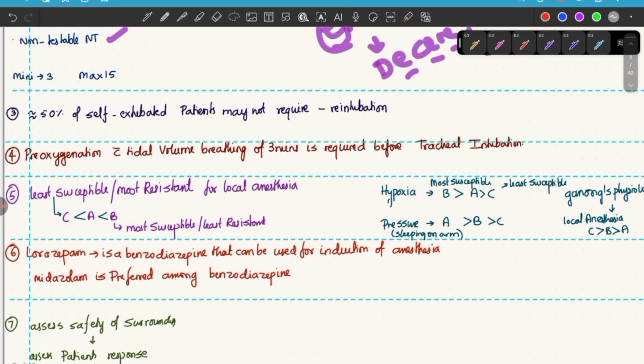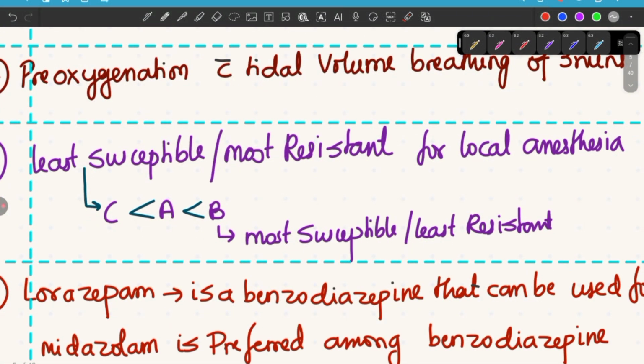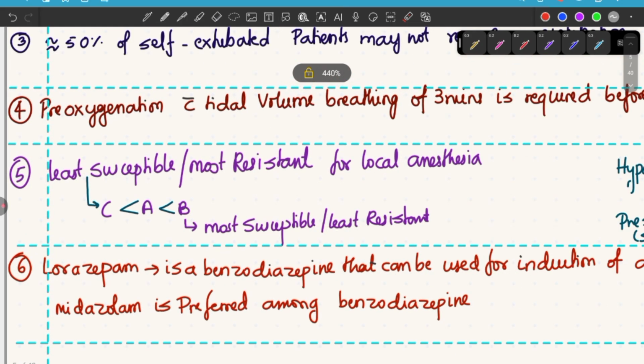If you remember both of them, you will get confused for sure. So only remember one thing. You remember the anesthesia people's version only. So least susceptible, or most resistant, to local anesthesia is C, then A, then B. B is most susceptible. It's not resistant. Okay, it's not resistant. That is least resistant to local anesthesia.